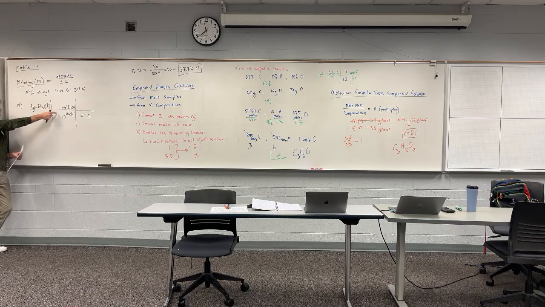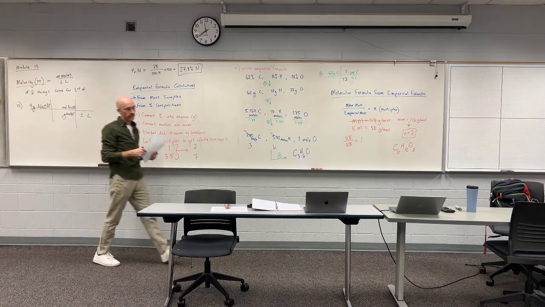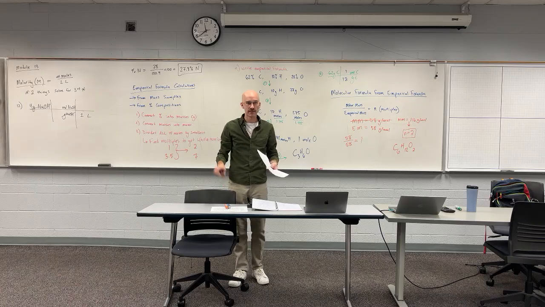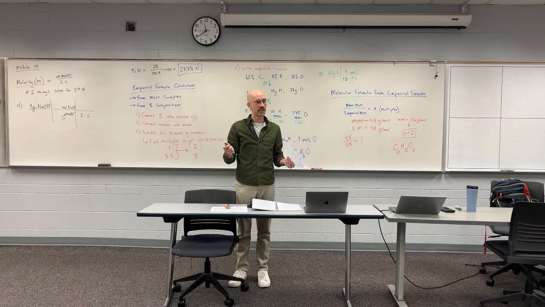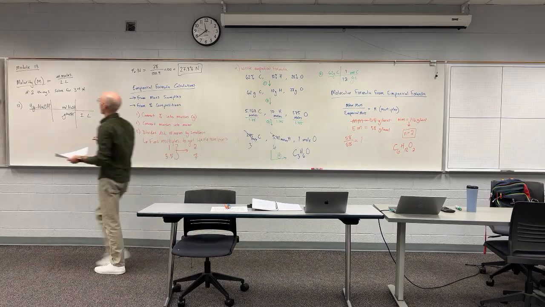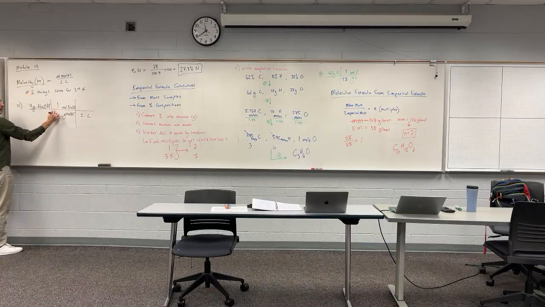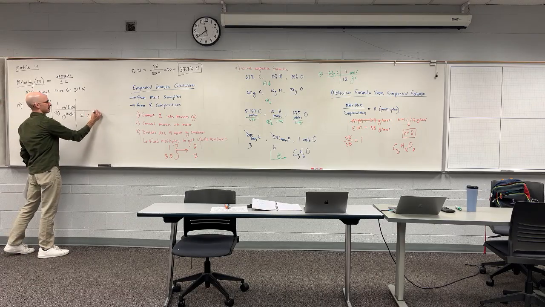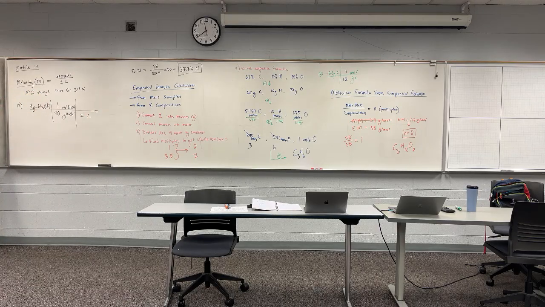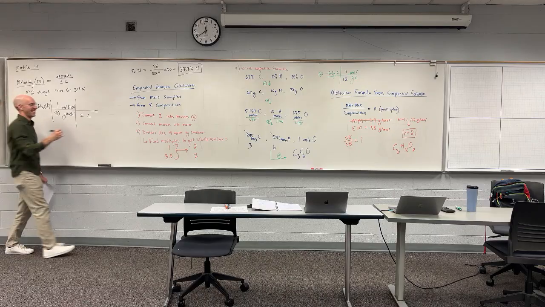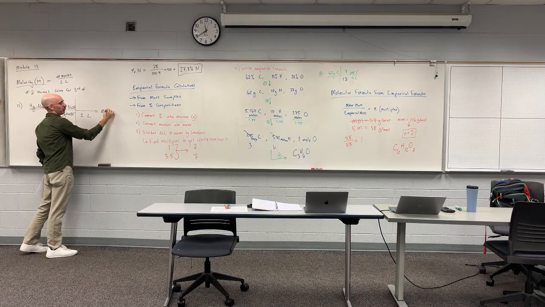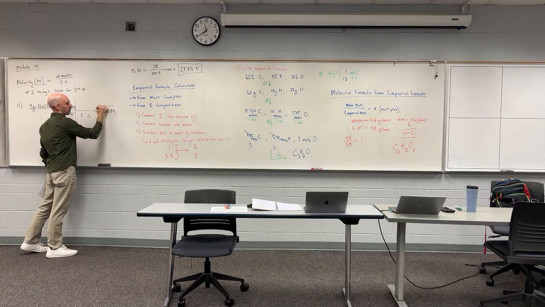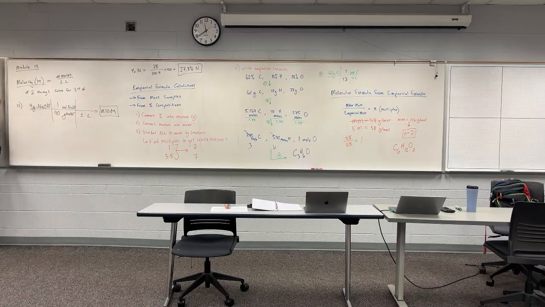What numbers do I put in here? Well, sodium has a molar mass of 23. Hydroxide has a mass of 16 plus 1, 17. 40. 1 mole of sodium hydroxide weighs 40 grams. 4 divided by 40, not 10, 0.10. 0.1 molar.